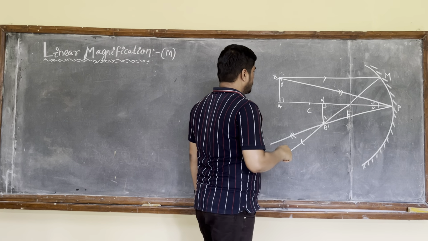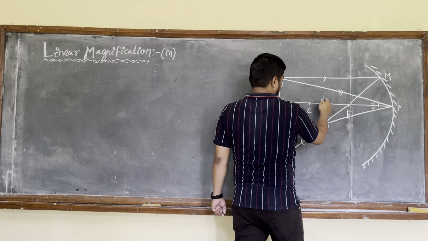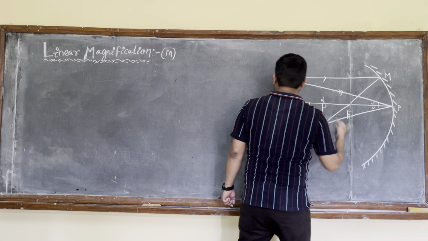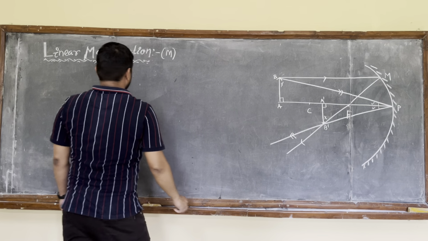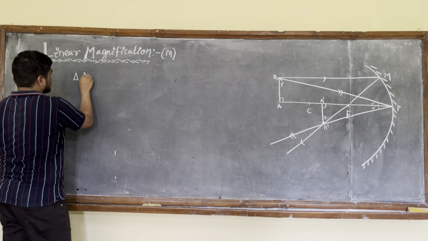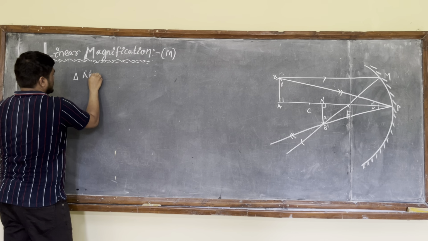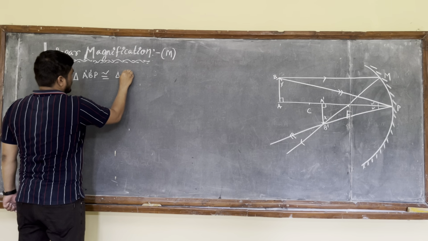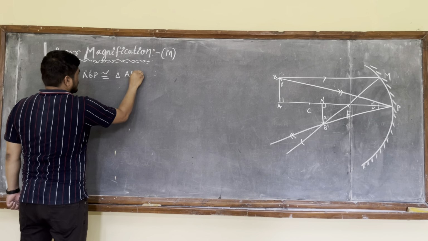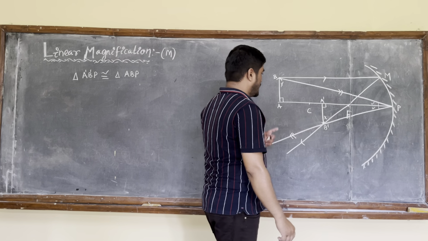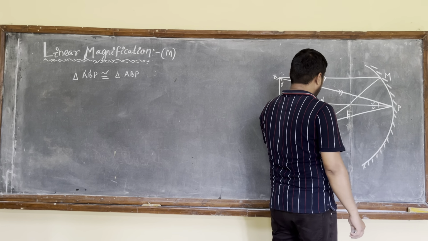That's why you can say the triangle A dash B dash P and ABP are similar. You can write triangle A dash B dash P is similar to triangle ABP.